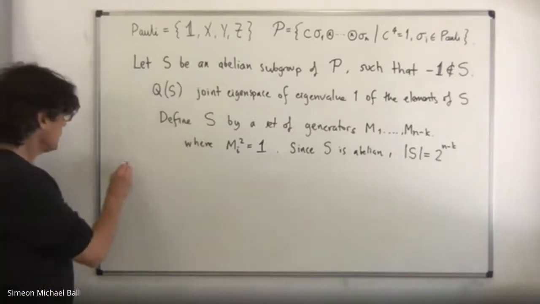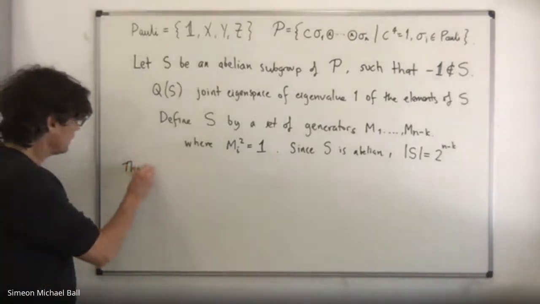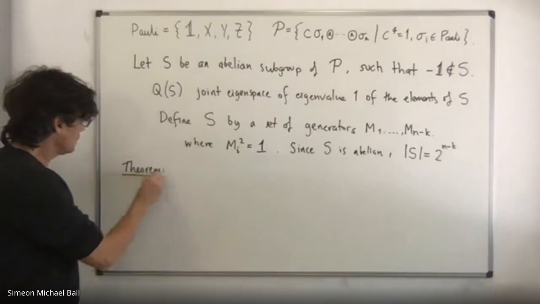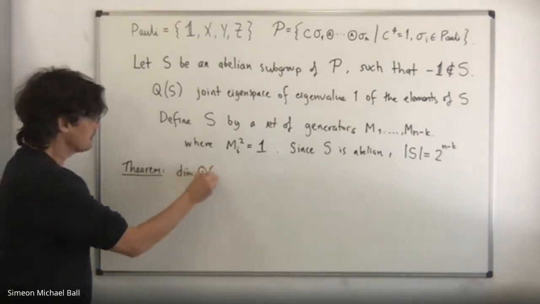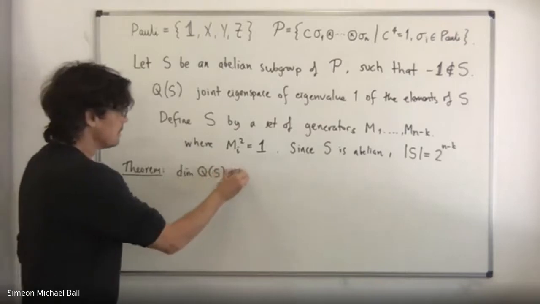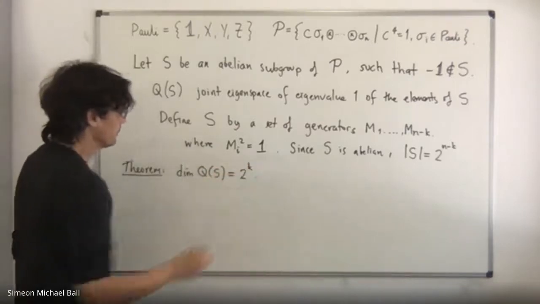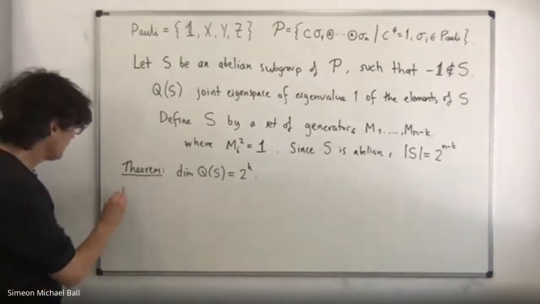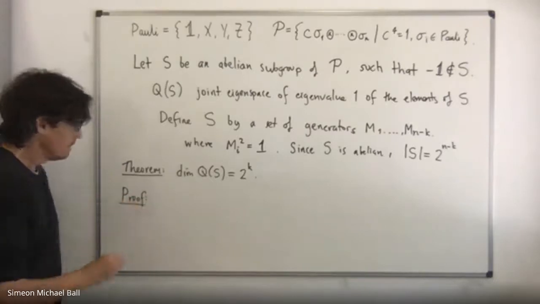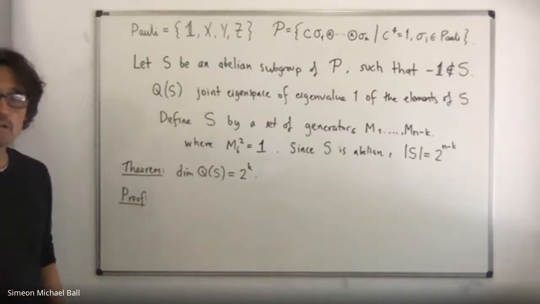Okay, so the first and important theorem that we're going to do today is that the dimension of Q of S is 2 to the k. And to prove this, we're going to use exercise 6.2 first.